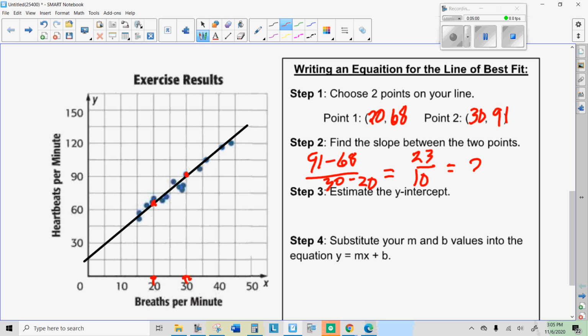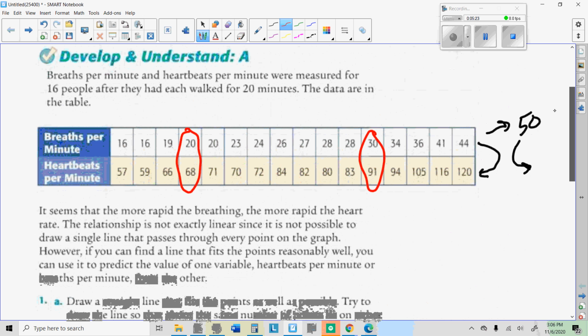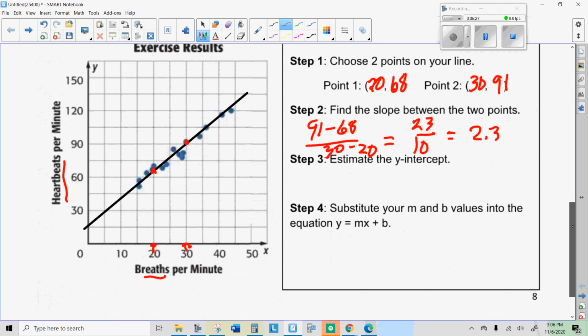If I divide that, I get 2.3. So my slope is 2.3. And what that means is there's going to be 2.3 heartbeats per breath. Basically, what we're saying is that your breaths are going to double. If you look at the data again, you can see that it's actually a little more than doubling, but that's part of the equation.